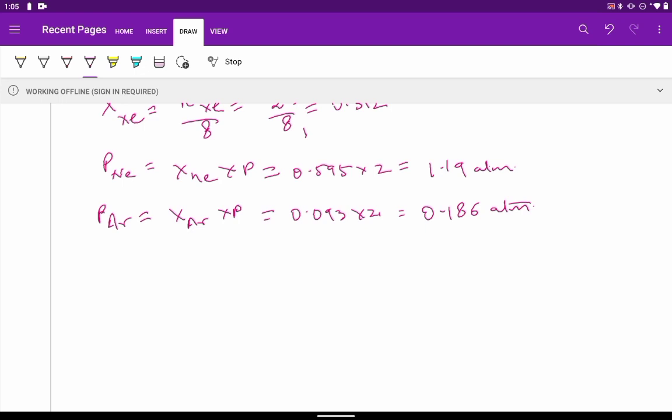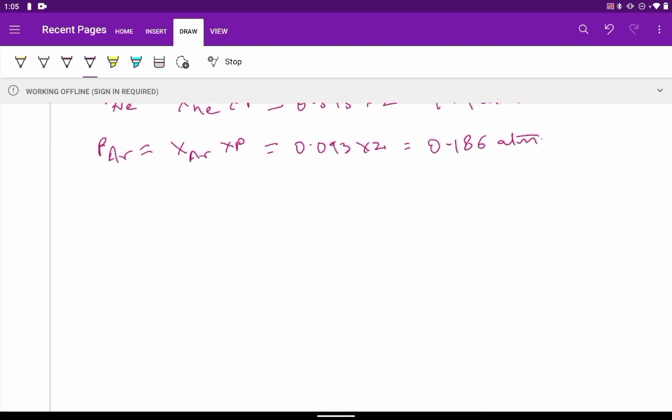And partial pressure of xenon, that is mole fraction of xenon into total pressure, that is equal to 0.312 into 2, that is equal to 0.624. So in this way we can calculate the partial pressures of the component gases.